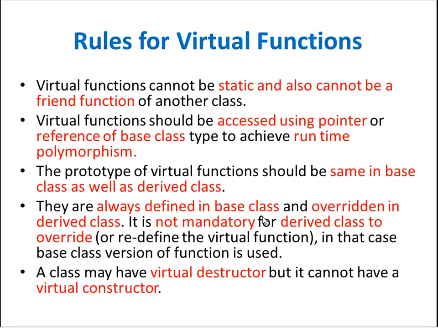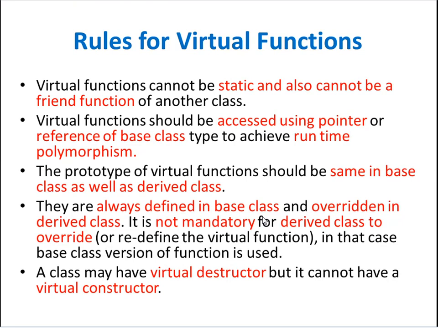Rules for the virtual function. These are some of the rules. First, a virtual function cannot be static and also cannot be a friend function of another class. Second, virtual functions should be accessed using a pointer or reference of the base class. This is the most important, to achieve runtime polymorphism.